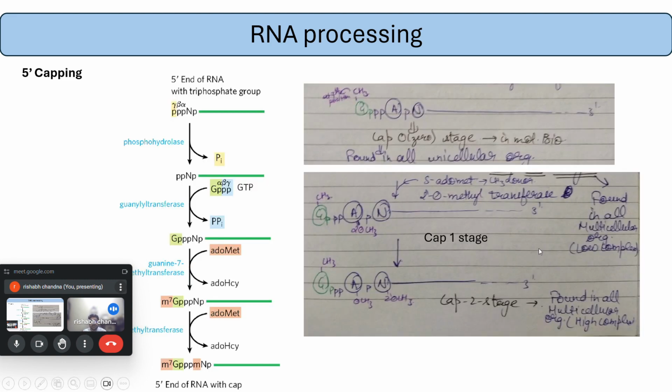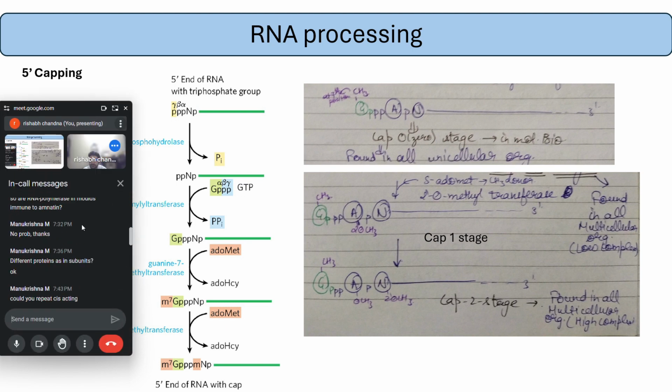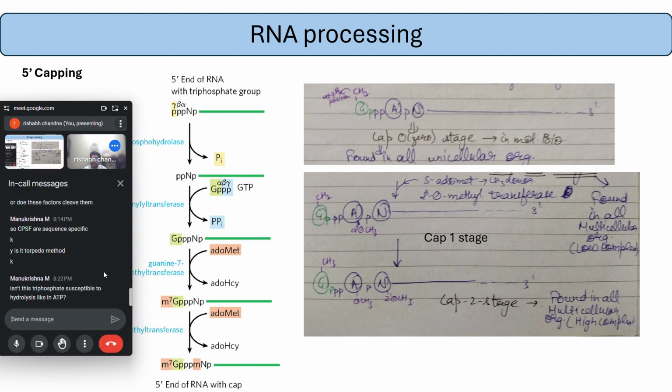This is the process of methylation. No, the triphosphate is not susceptible to hydrolysis like ATP, because now it has been destined for a particular function. ATP is involved in energy hydrolysis.